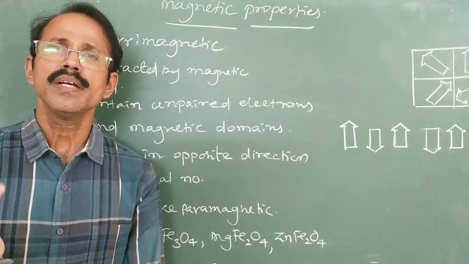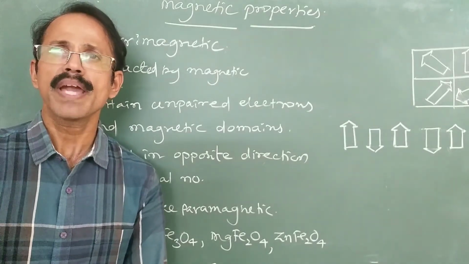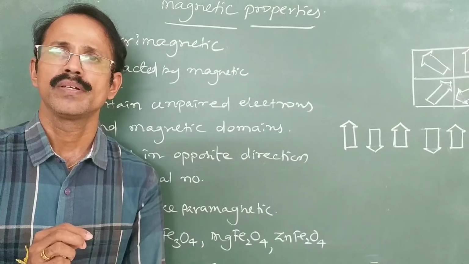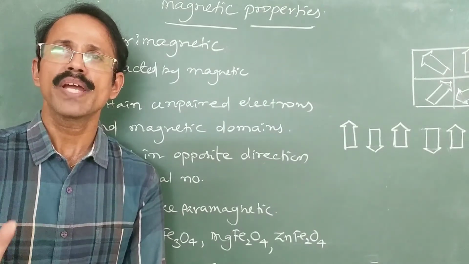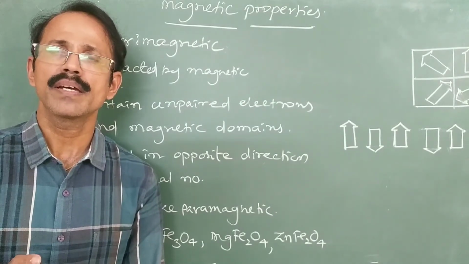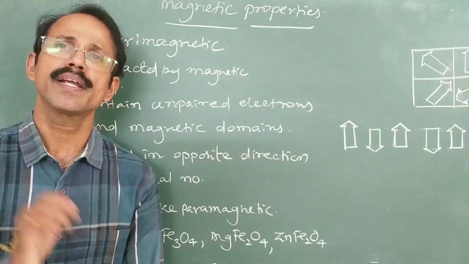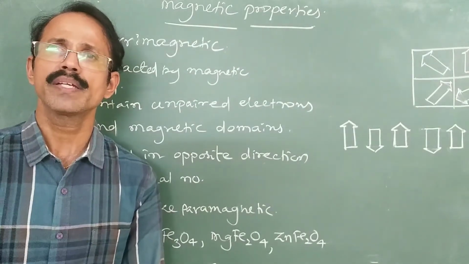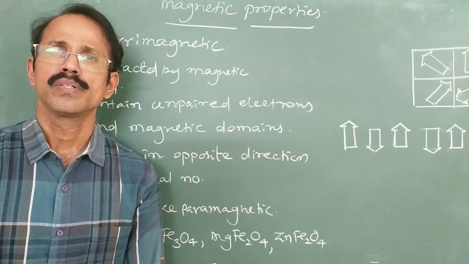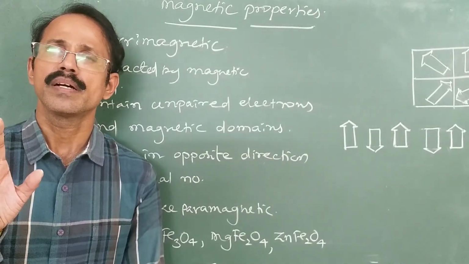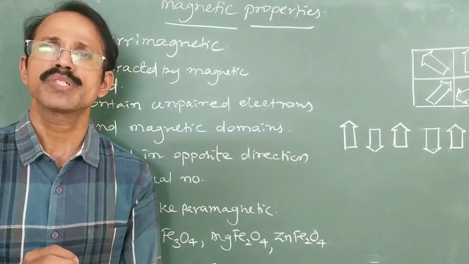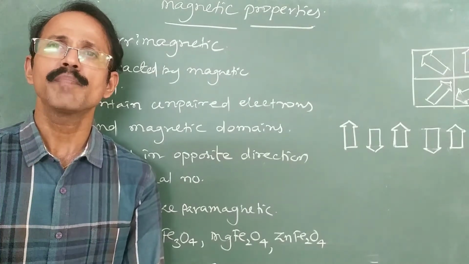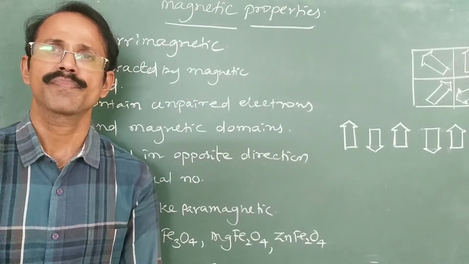That is why there is some resultant magnetic moment, so they are attracted by the magnetic field, but weakly compared to ferromagnetic substances. So they are actually ferromagnetic substances but behave like paramagnetic substances.